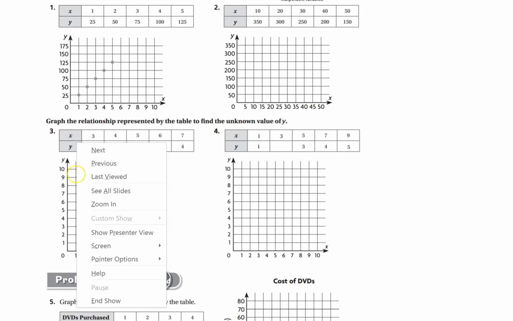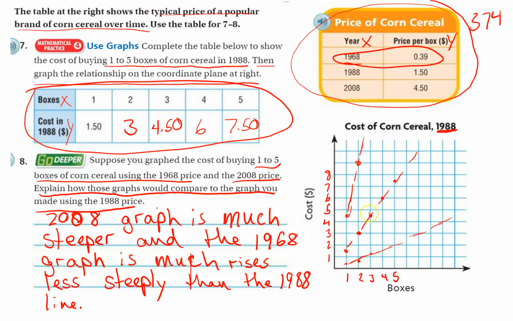So you can see the steepness is what changes, and that's what we like to talk about when you're talking about relationships of lines in a graph, is the steepness of those lines.